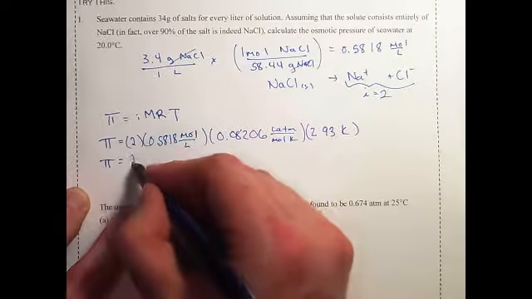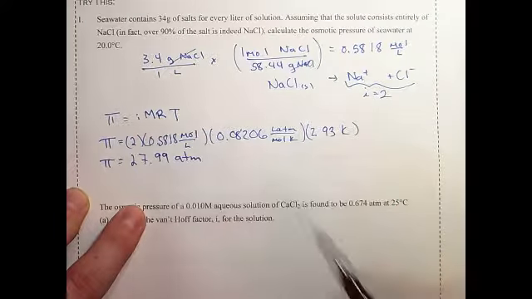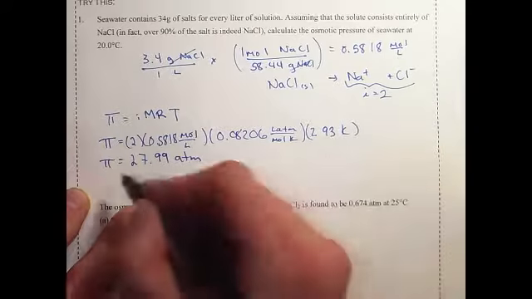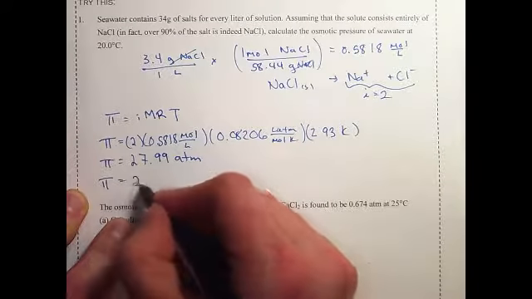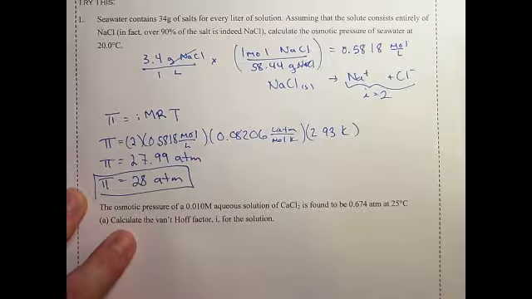Pi is therefore 27.99 atmospheres. I only have 2 significant digits, so pi is equal to 28 atmospheres. It would be the osmotic pressure of seawater.